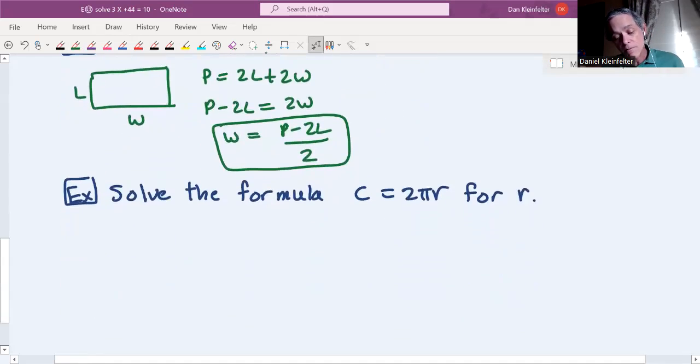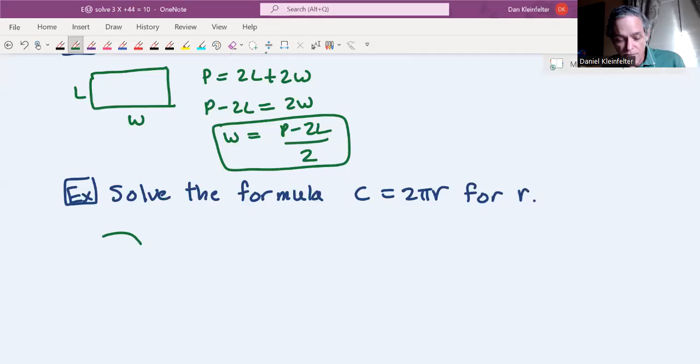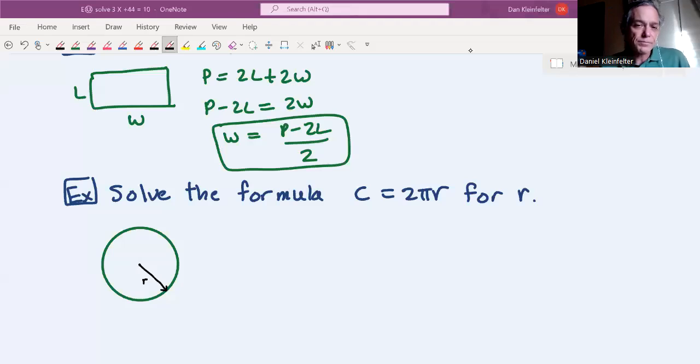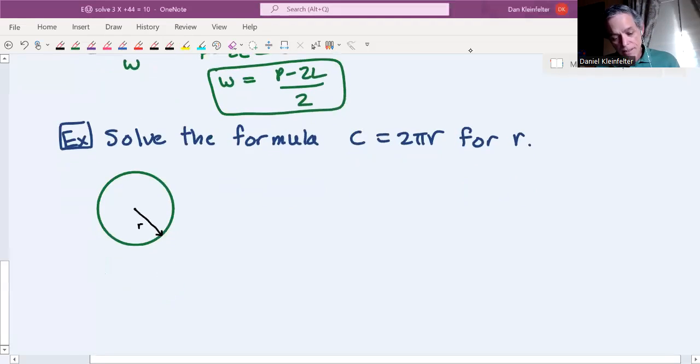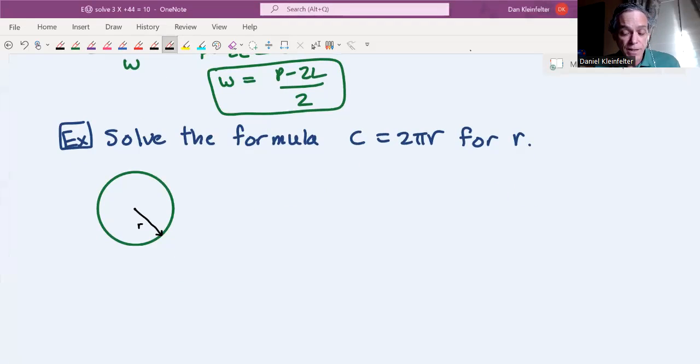The next one is a formula involving a circle's circumference, which is kind of like its perimeter, really. One moment. All right, sorry about that. So here, if you have a circle with radius r, this formula tells you its circumference.